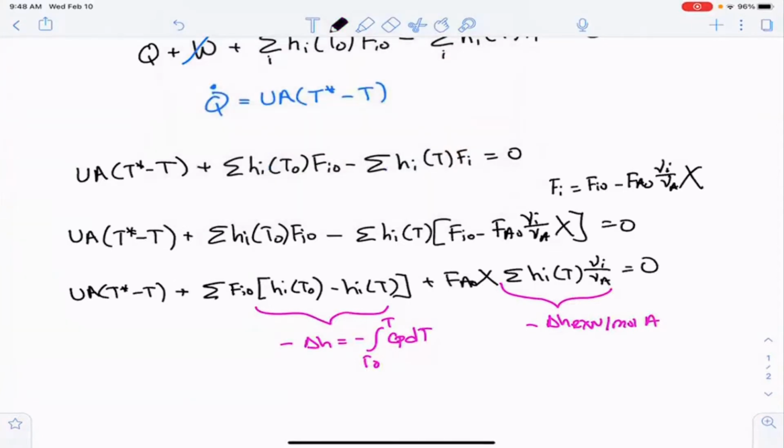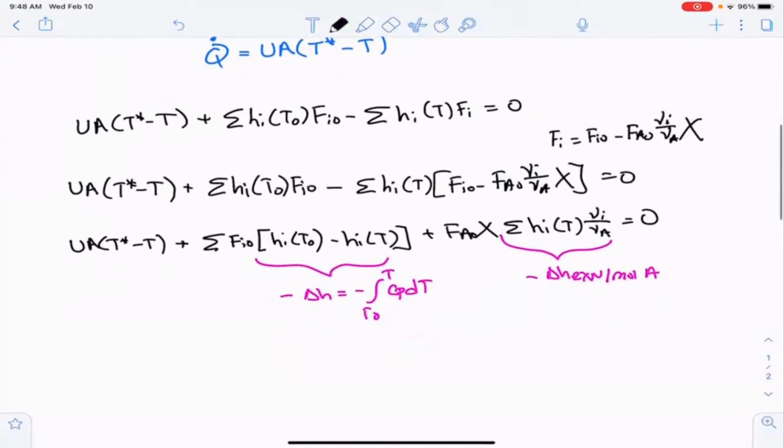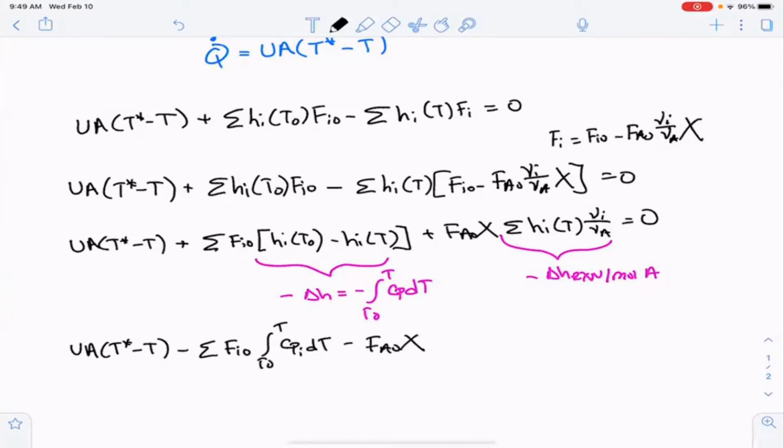And we get a really nice expression if we make that substitution, right? So we have then UA times T star minus T minus the sum of Fi0 times the integral of Cpi dT from T0 to T minus FA0 x times delta H of reaction at our final temperature is equal to 0.